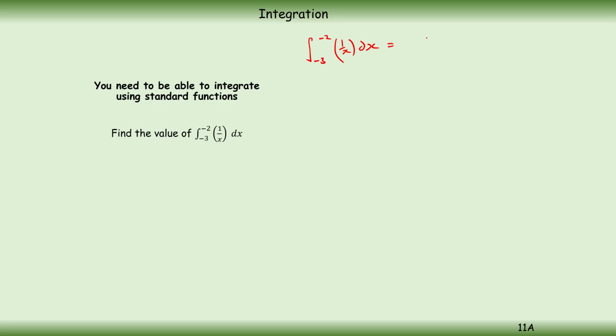If we integrate 1 over x, we get log of the modulus of x, between -3 and -2. So we sub in -2 and -3, so log of the modulus of -2 minus log of the modulus of -3, which, it's got to be positive in the modulus sign, so log of 2 minus log of 3.